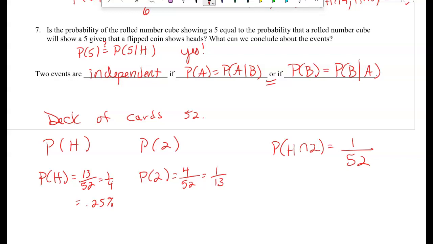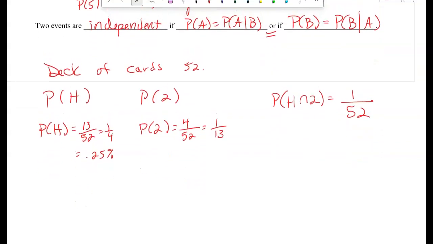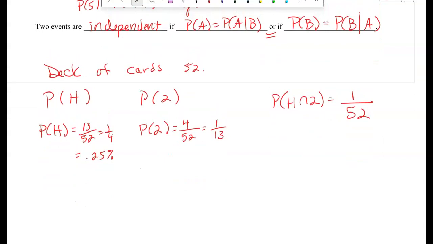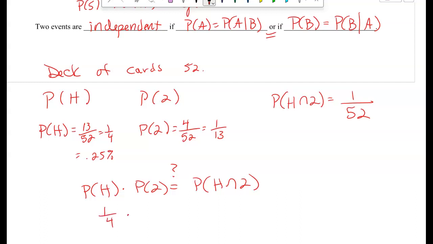Okay. Now, this is the multiplication method process for this, okay? The multiplication method says if it's true, these have to be equal. So guess what I just have to do? I have to test it. So I go probability of getting a heart. That's going to be 1/4. Would you guys agree with me on that?